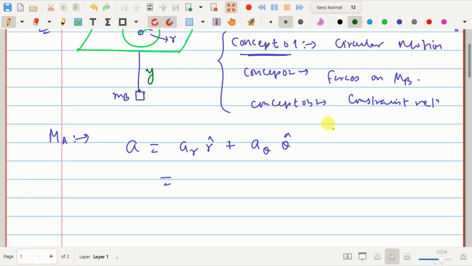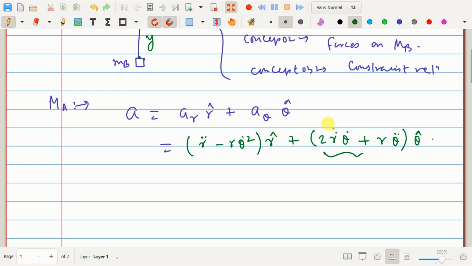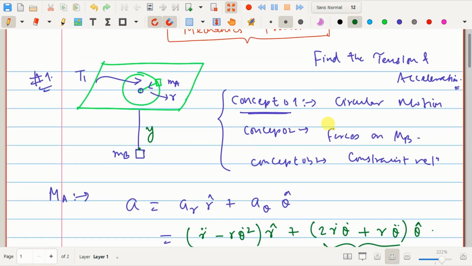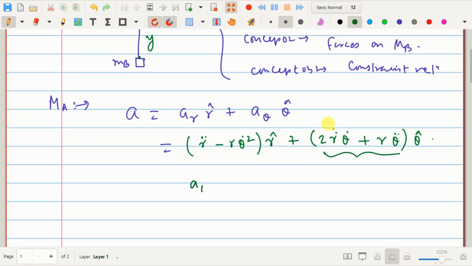Now a_r can be written as (r double dot minus r theta dot square) r hat, plus (r theta double dot) theta hat. It is a standard formula which we have already derived using the polar coordinate system. This is your tangential acceleration, and since this mass MA is moving on a horizontal table, we don't have any force acting in the tangential direction, therefore a_theta is 0.